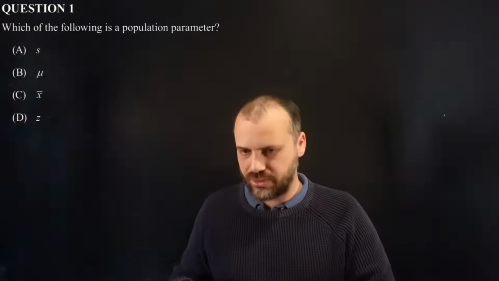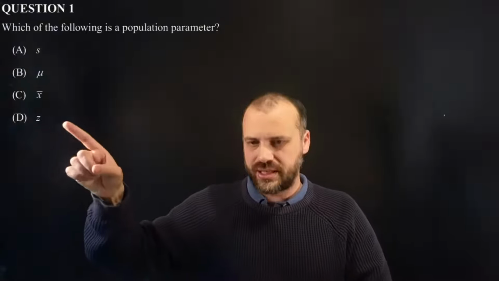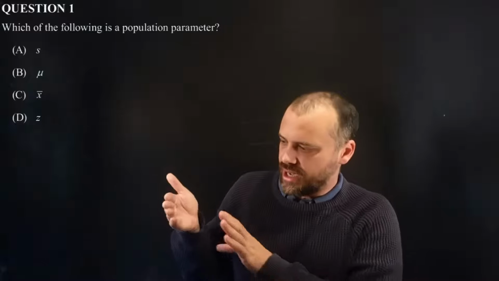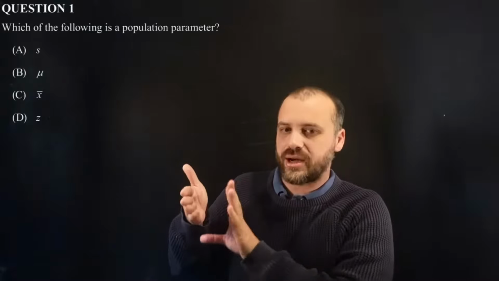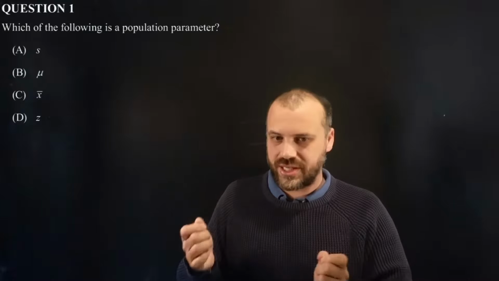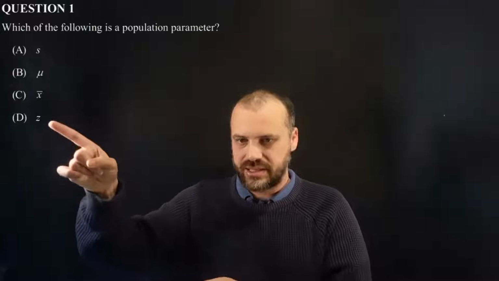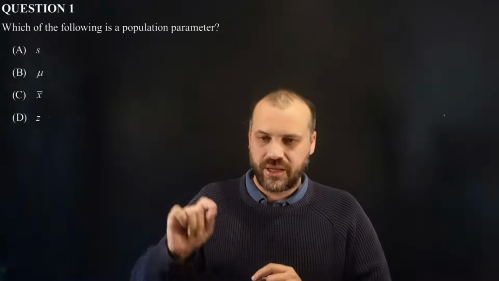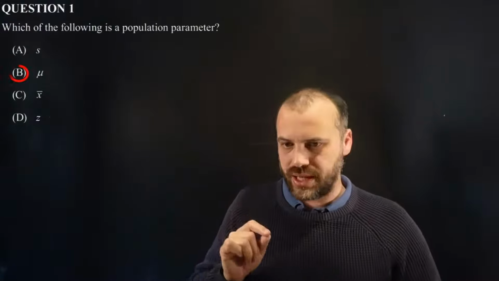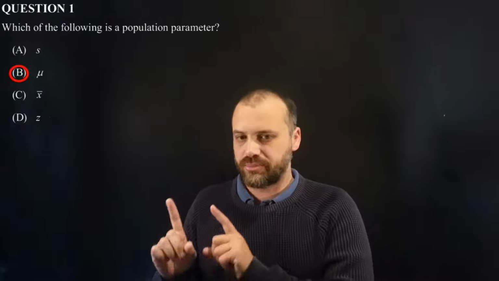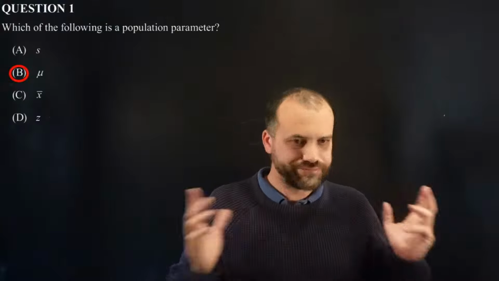It's not a population parameter, it's a sample parameter. And Z, the Z score, is the number of standard deviations that a particular value is from the population mean. So Z is not a population parameter. The answer is B, mu, which is the population mean.